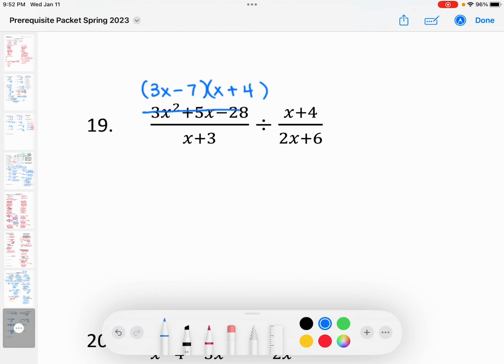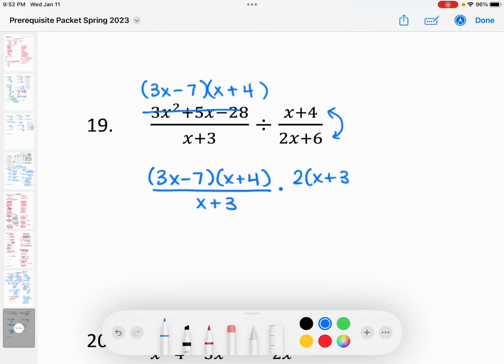I have to remember that I'm going to multiply by the reciprocal, so maybe I should rewrite this. First one stays the same. I only flip the second one, so this is going to flip, reciprocal. I'm going to factor out that 2 while I'm at it. Beautiful.